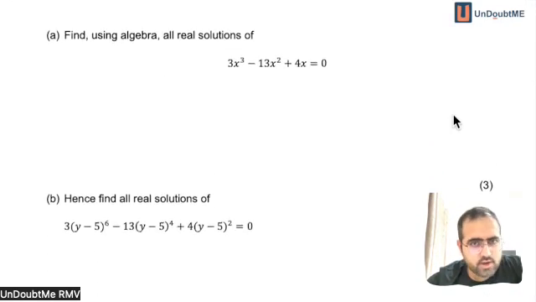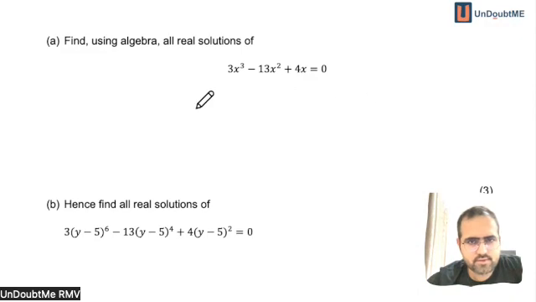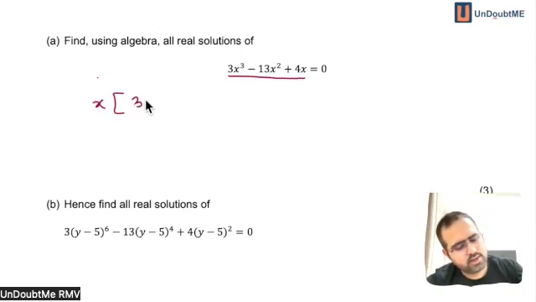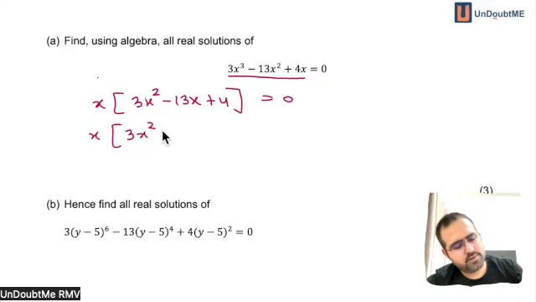Find using algebra all real solutions of this. Okay, so for this question, since it is a cubic, pretty much easy because x is there in all the terms. I'll take it common. 3x squared minus 13x plus 4 is equal to 0. Then we can factorize it.